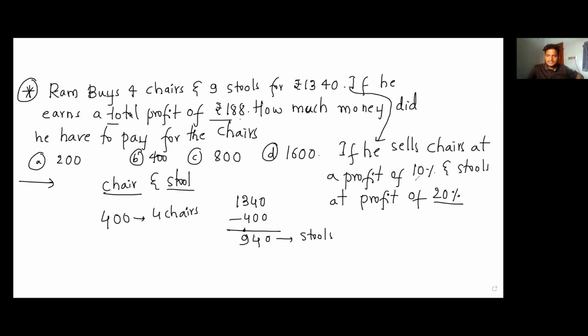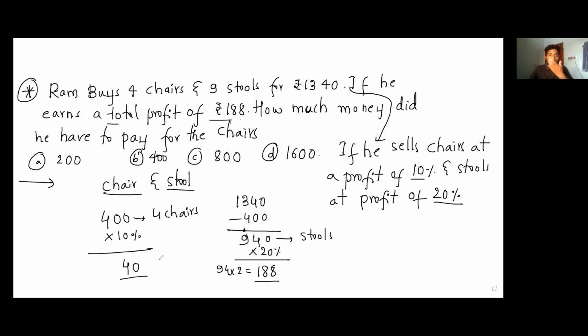Now let us calculate the total profit. If he sells chairs at a profit of 10%, what is 10% of 400? 40. And what is 20% of 940? 10% is 94, so 20% will be 94 into 2, which is 188.